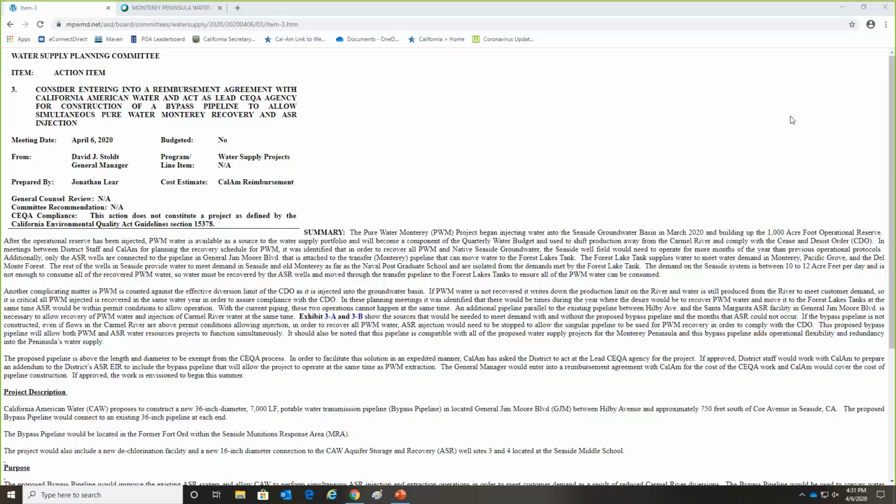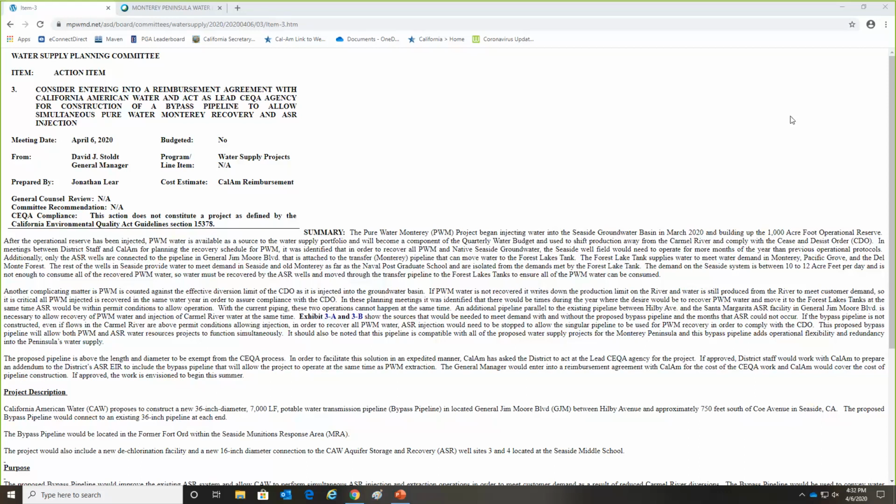Just as a way of reference, we're doing the Ryan Ranch Interconnect and the Hidden Hills Interconnect. Those were other projects in the rate case that were approved for construction when we had supplies to be able to do so. They're being constructed and underway. And then in the water supply project, we're constructing the Carmel Valley Pump Station already.